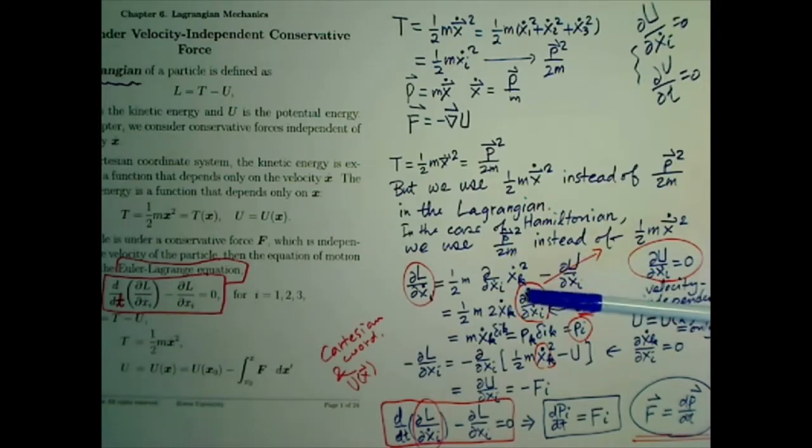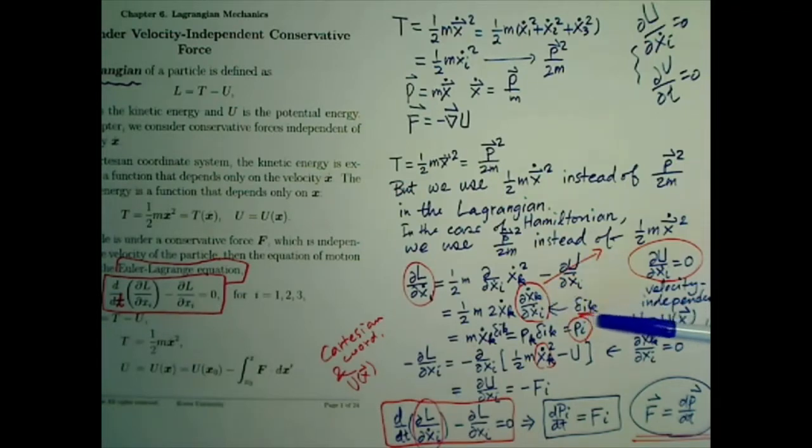The chain rule can be used to carry out this partial differentiation, and this gives 2 times xk dot, and the derivative of xk dot with respect to xi dot, and because they are the same except for the vector indices, it should be the Kronecker delta.